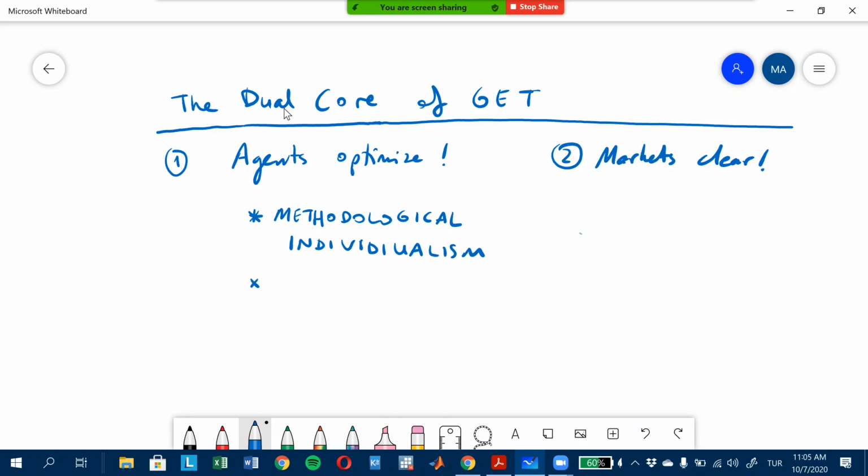And the other thing is methodological instrumentalism.